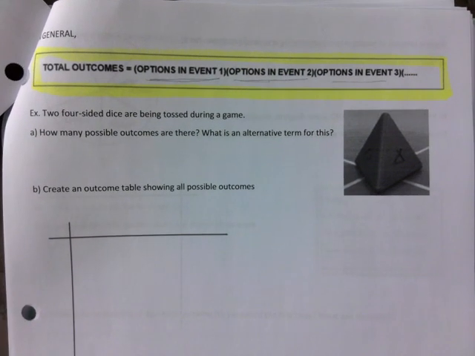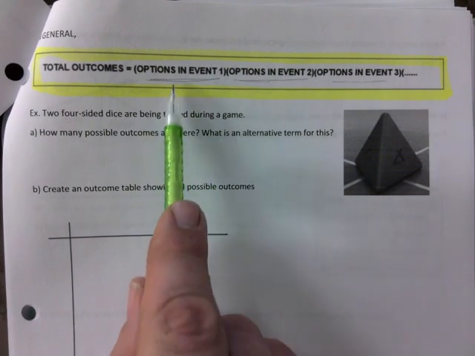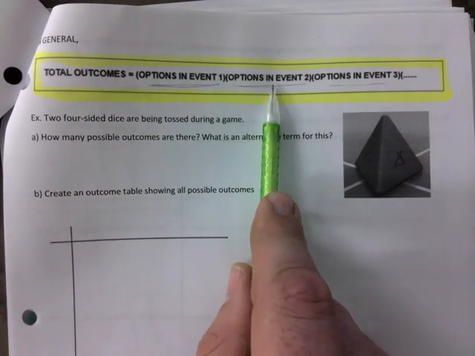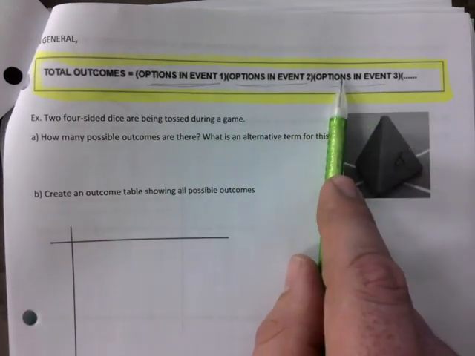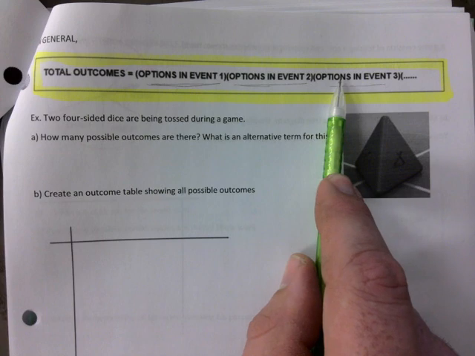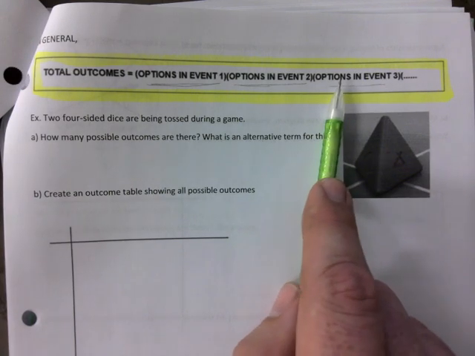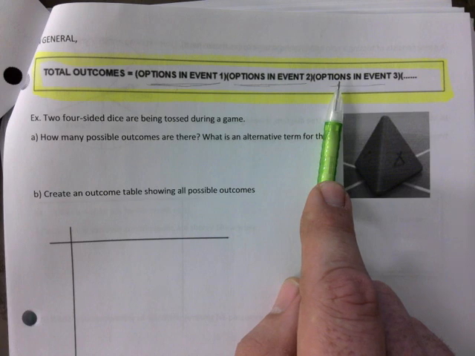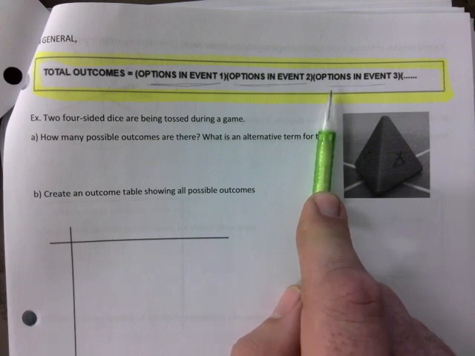This could be a password, right? Your first character, your second character, your third character, and so forth. Like if you make a password for your Facebook account, you can use letters. How many letters are there in the alphabet? 26, right? But they could be upper and lower case. It's case sensitive.